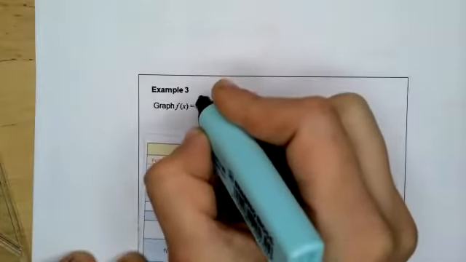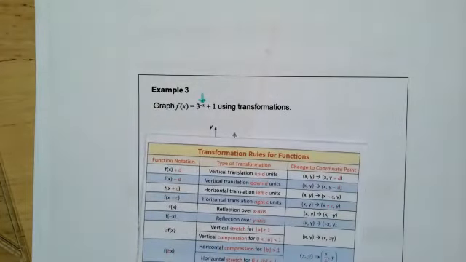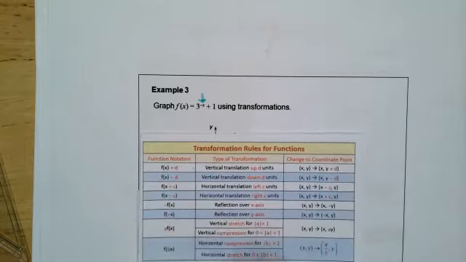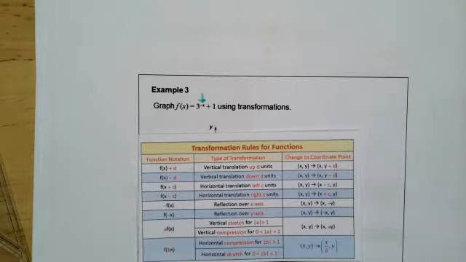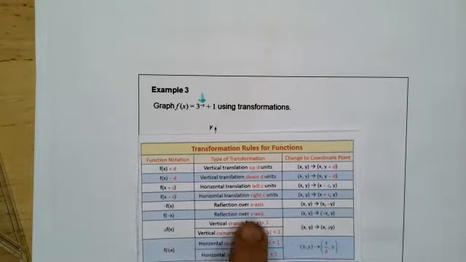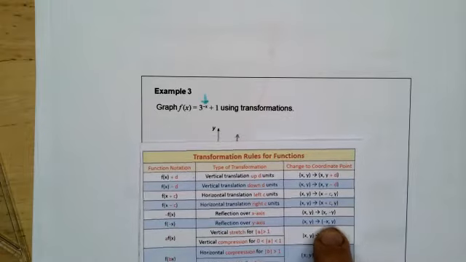We made just the x negative. So that looks like a reflection over the y-axis. Every x value becomes a negative x value.